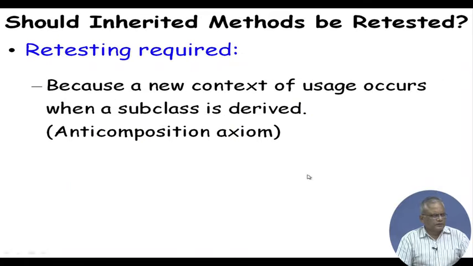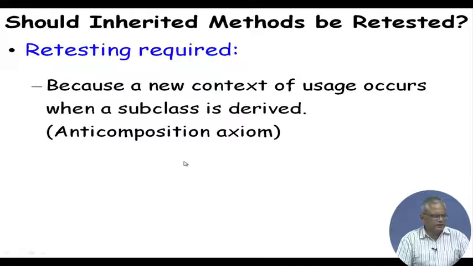If you remember, we had said that retesting is necessary because there is a new context of use. By the term new context of use, what we mean is that there can be new class variables introduced in the derived class, there can be new methods in the derived class, and that is the new context in which the inherited methods will be used, and therefore, they need to be tested.